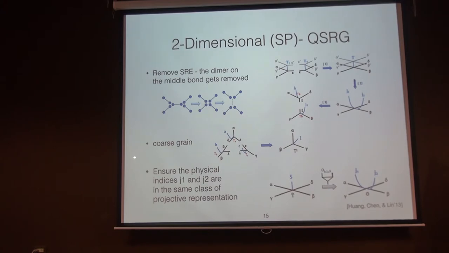Until this step is the original quantum state RG. I think this one is similar to the TRG. The difference is how to preserve the symmetry. In order to preserve symmetry, when we split the tensor into two parts, we need to make sure the J1 and J2 are in the correct representation.